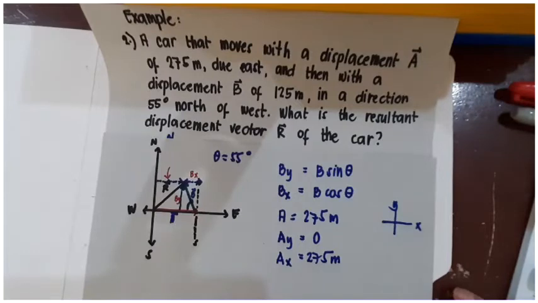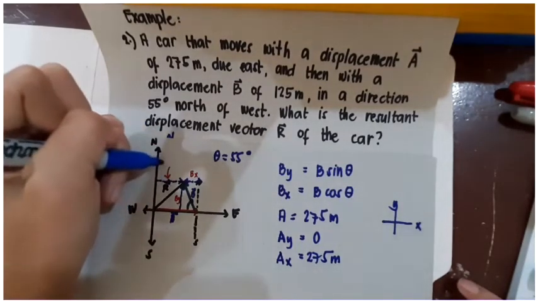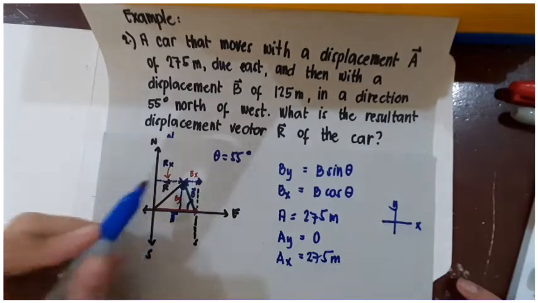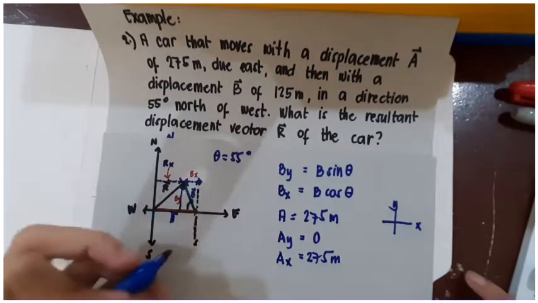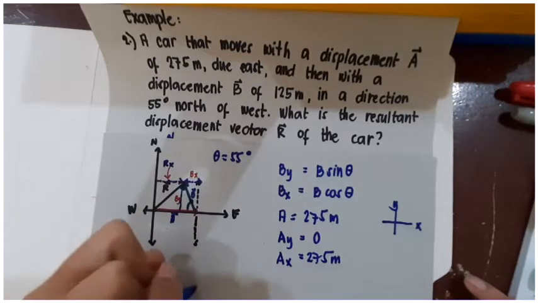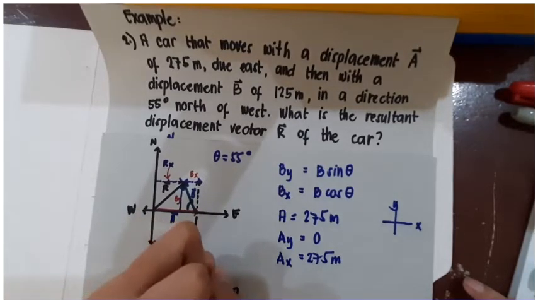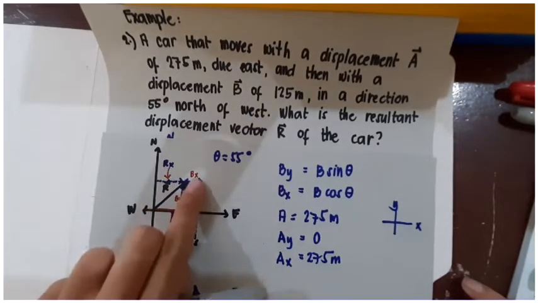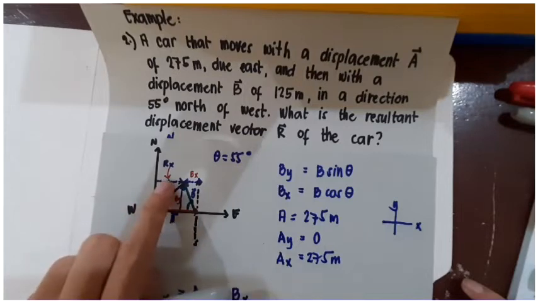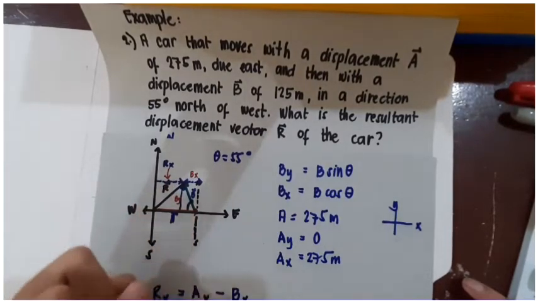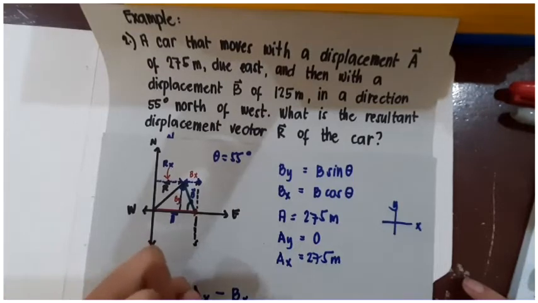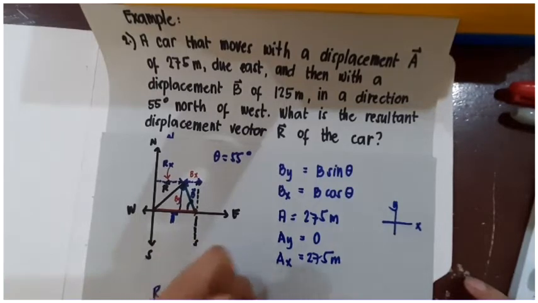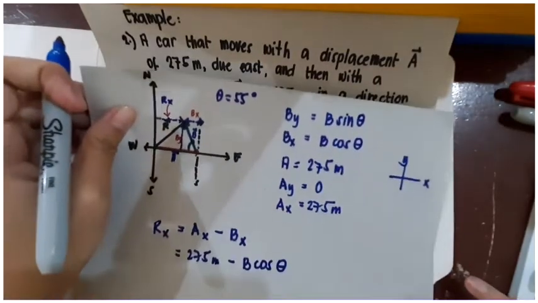So para ma-solve natin itong rx natin, or x component ni r, we subtract ax minus your bx. Ima-minus natin itong distance na ito dito. So, 275 minus your b cosine theta.